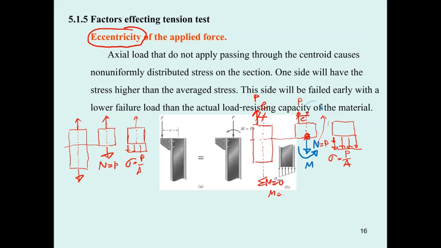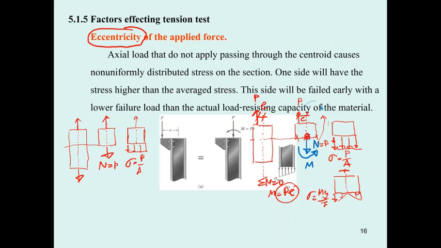So we have M equal to P times e, and the stress due to this moment in this action is going to be compression here and tension here. The sigma here is determined by My over I, where M is Pe.